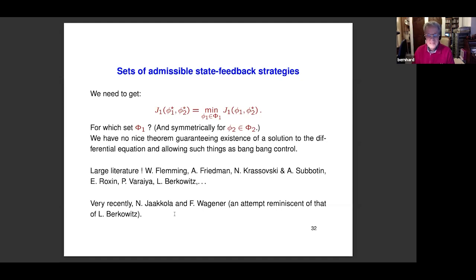We may discuss it later, Florian, if you wish, but I have the feeling that you still need to exclude from the set of allowed feedback strategy the exceptional sets, denoted capital E, which depends on the opponent's strategy. So it's still not completely solved if I understood well.